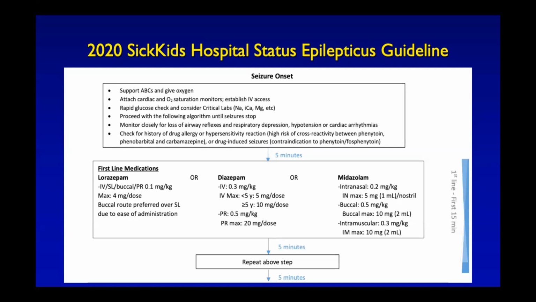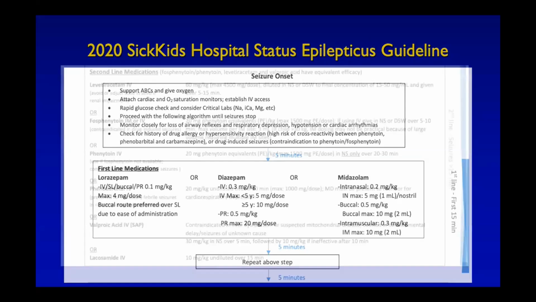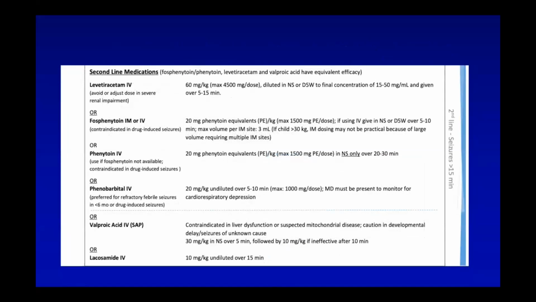If seizures fail to stop within 5 minutes of the administration of the first dose, a second dose of any of the 3 benzodiazepines should be given. Second-line medication options include levetiracetam, fosphenytoin, phenytoin, phenobarbital, valproic acid, or lacosamide.